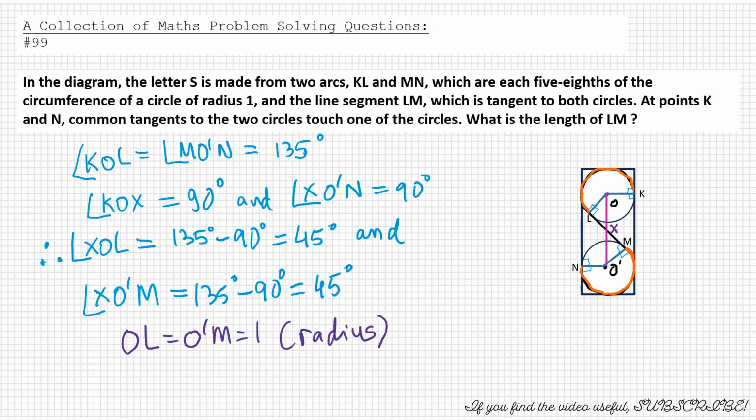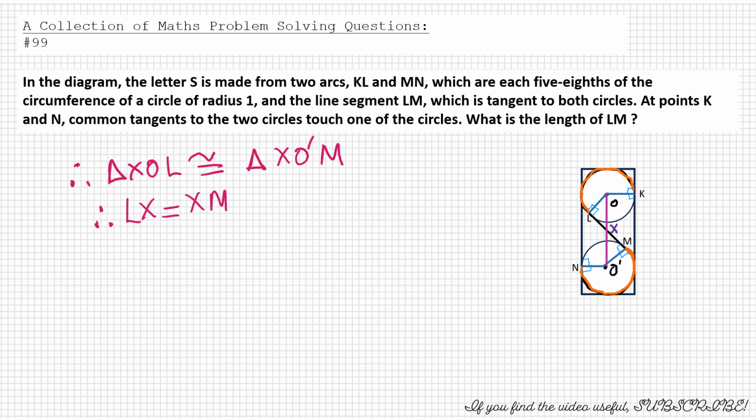And OL equals O dashed M, and that equals 1, the radius they've given us. So the triangle XOL is congruent to triangle XO dashed M, and so LX equals XM. So we've got our proof.